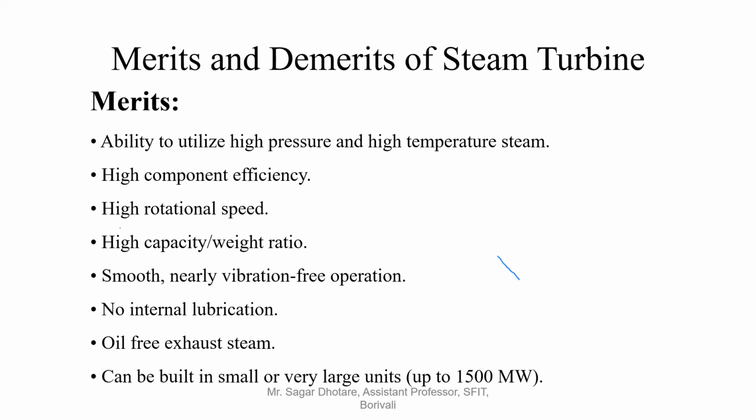When we visited the steam Mahajanko, the person there also said that it can rotate up to 30,000 rpm. It can work smoothly, with less vibration, or you can say vibration free operation.